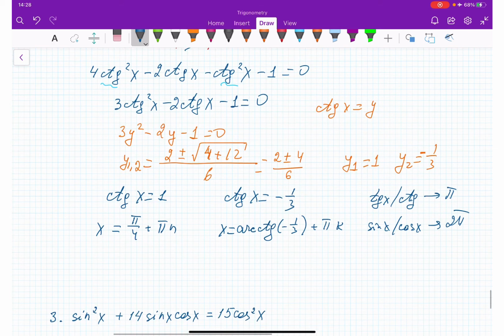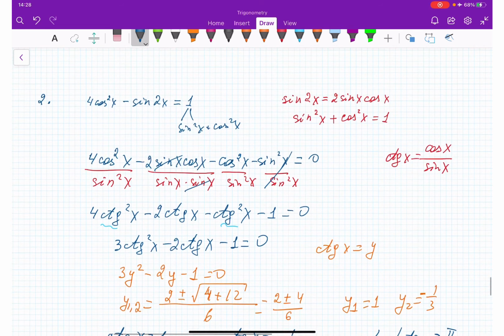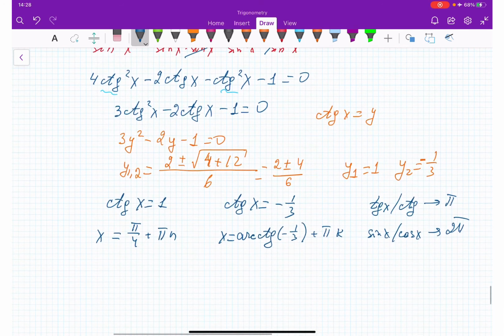And that's it. Let me see, yeah, this one doesn't satisfy the rule of cotangent. So the answer is going to be pi over 4 plus pi n.